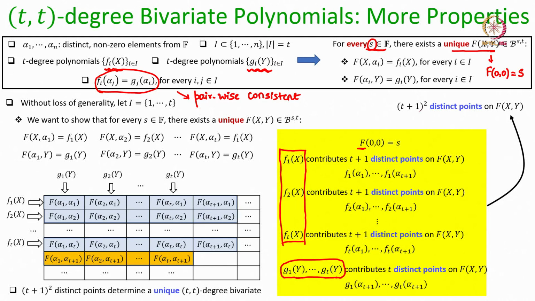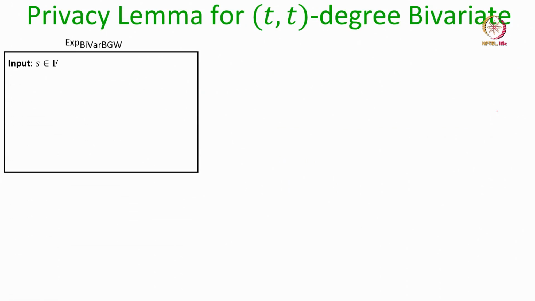Altogether they fix (t+1)^2 points on that unknown bivariate polynomial, and through (t+1)^2 distinct points we can pass only a unique t degree bivariate polynomial. There can't be more than one t degree bivariate polynomial passing through (t+1)^2 or more distinct points.